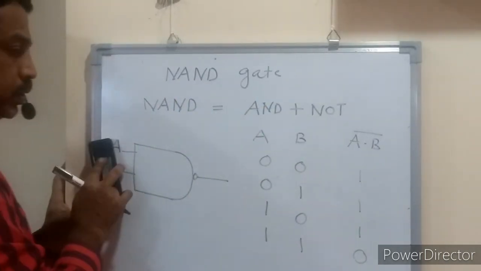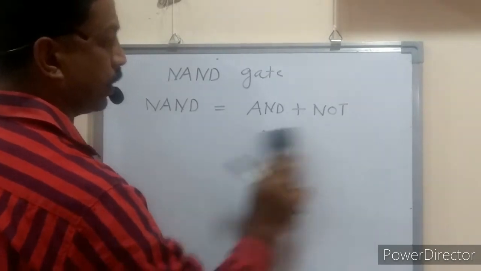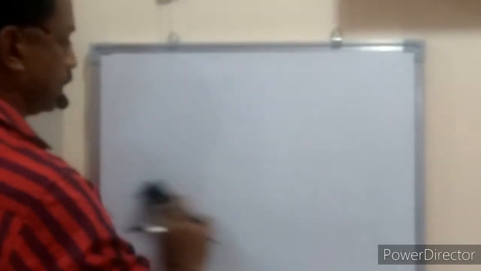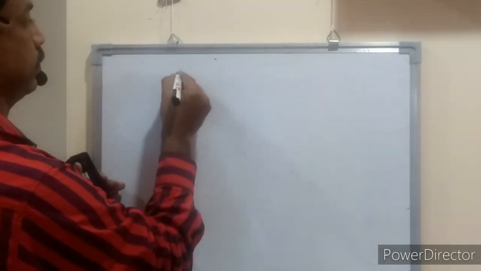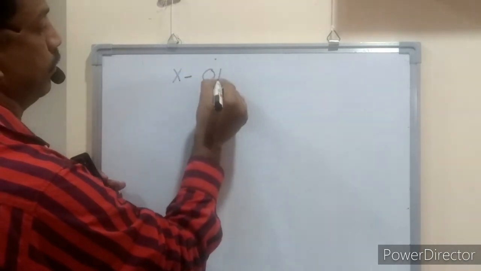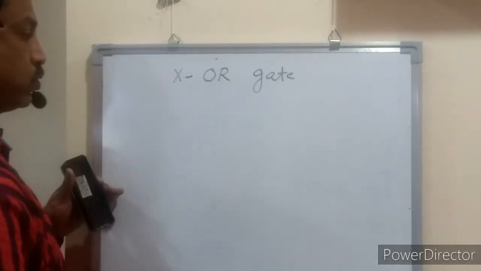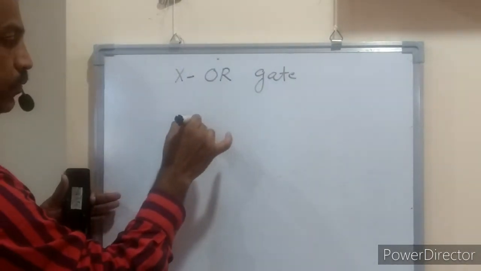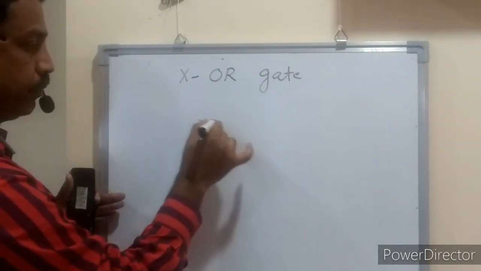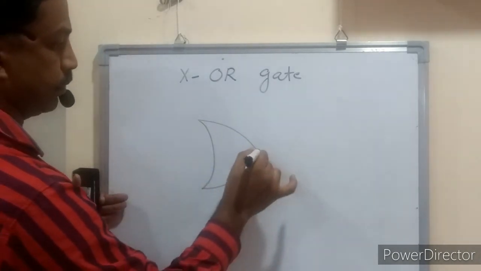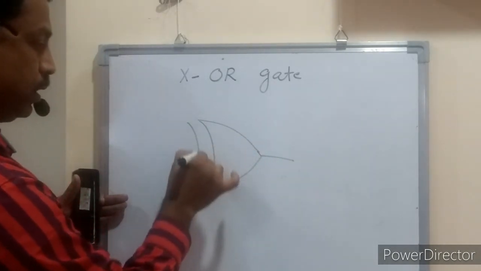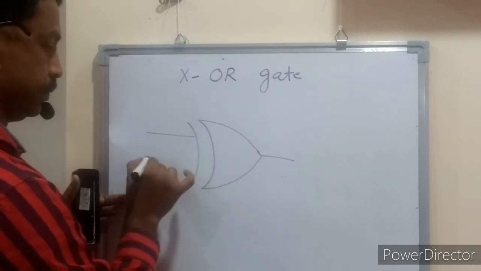The next logic gate is XOR gate. For the XOR gate, first we draw the OR gate like this, and here we say that like this.